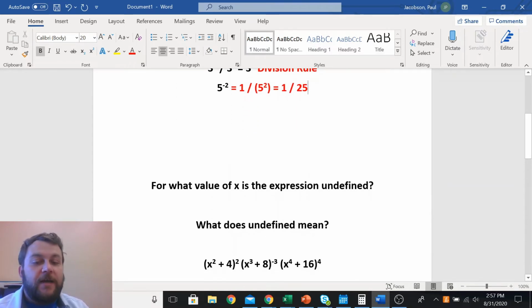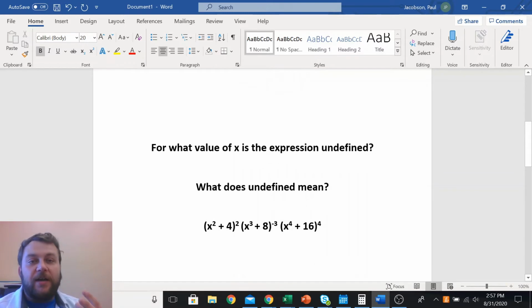So for what value of x is the expression undefined? What does that really mean? It means that the expression or the equation has a single point where it breaks the rules. Now remember what a variable is, it's a placeholder in line. Well, what if the person that shows up is definitely not the person, or if there's nobody that shows up?